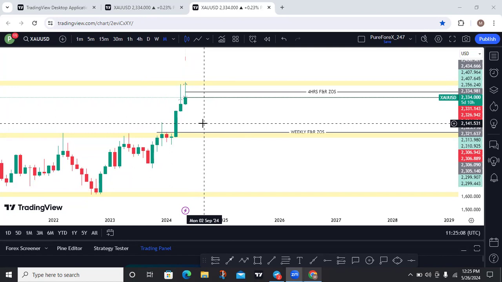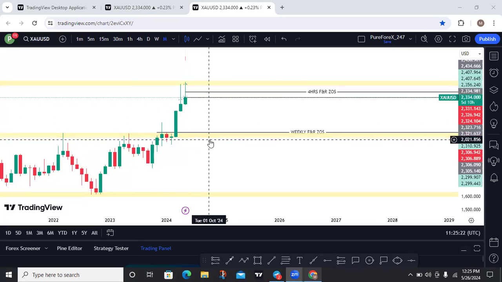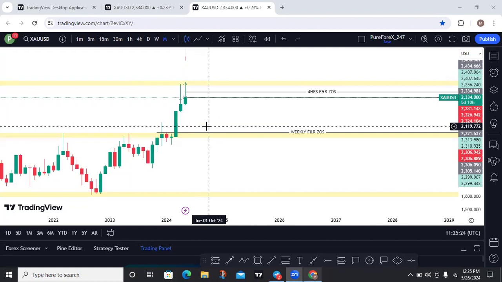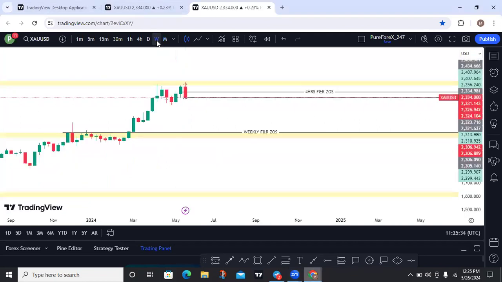One of the signs that we are going to see is that the Dow theory is going to be breached on the lower time frame, like daily or weekly. That is when we know that gold is definitely going to start retracing from the monthly time frame. A monthly retracement is going to be a massive opportunity for us to sell in a lower time frame. So let's get to the weekly.